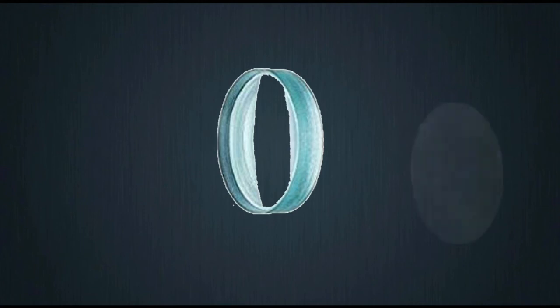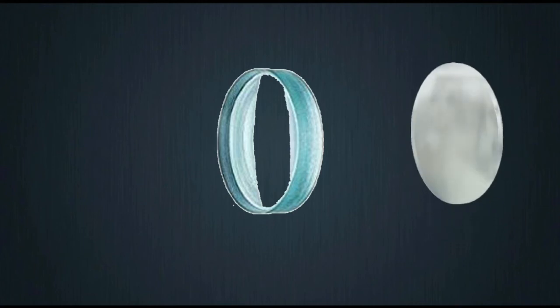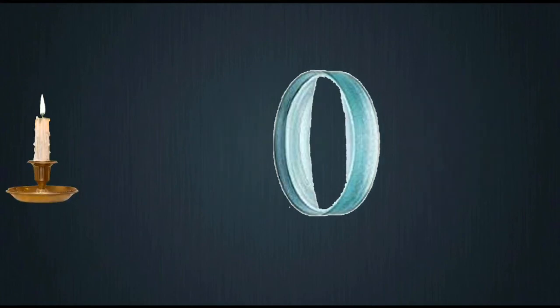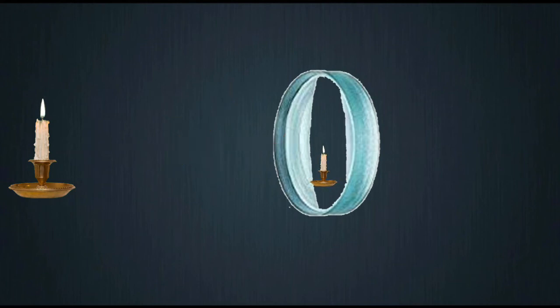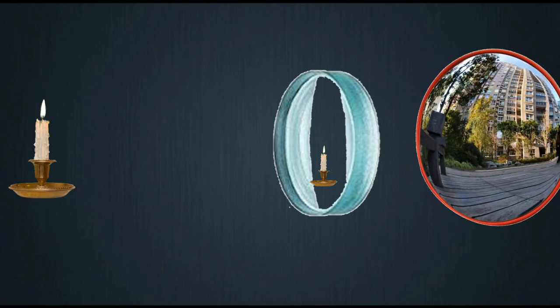Now as you have seen, for the convex lens the image depends on the distance between the object and the convex lens, but for the concave lens it does not depend on the distance. Whether an object is placed at a large distance or a close distance from the concave lens, it always forms an image which is virtual, erect and smaller than the object. So you will remember that it is almost the same as the convex mirror.